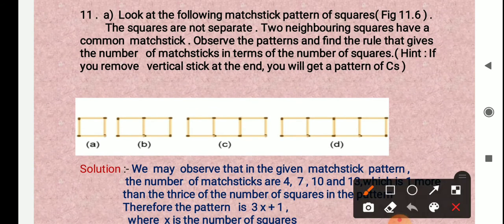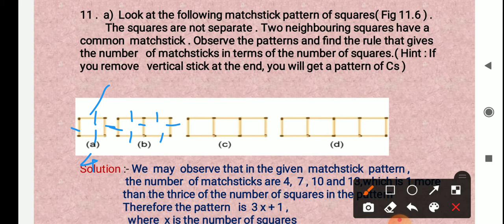Here, if we observe this given matchstick pattern, for 1 square we need 1, 2, 3, 4, so 4 matchsticks. If 2 squares are there, then how many matchsticks are required? 1, 2, 3, 4, 5, 6, 7. For 1 square 4 matchsticks are required.